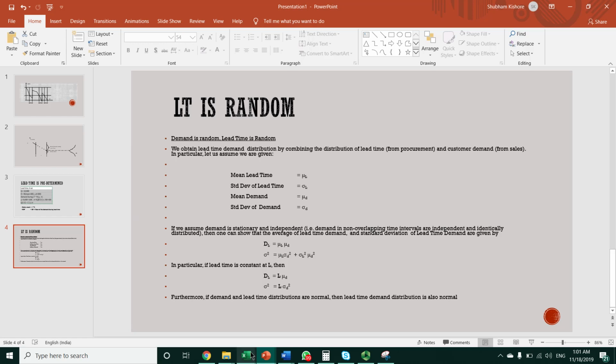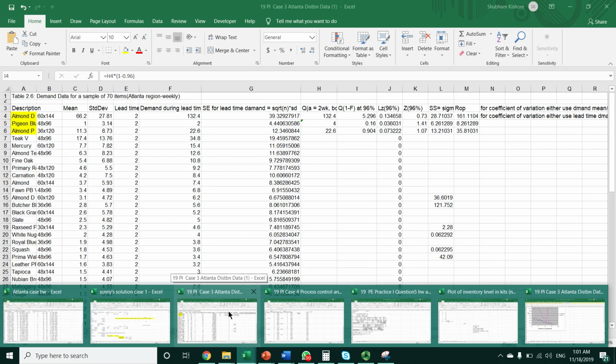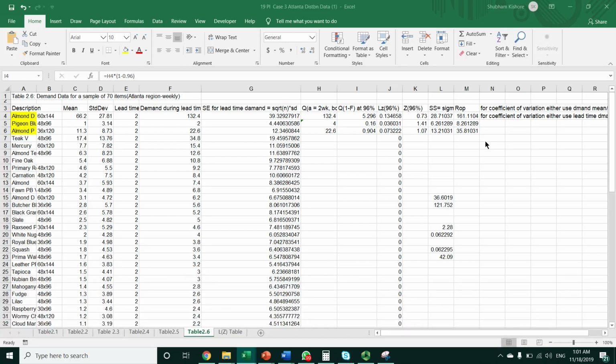I'll show you one real live example where I calculated it. This is the Atlanta class case which I did. Over here is the safety stock I calculated. For this I need to have the z value multiplied by the standard error, so we'll reverse engineer it.